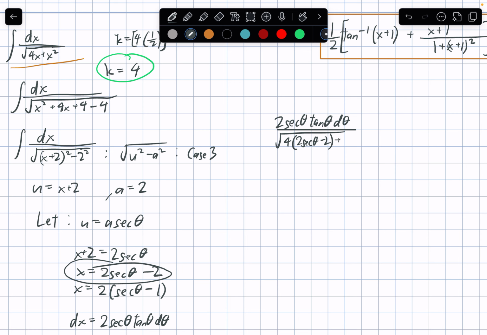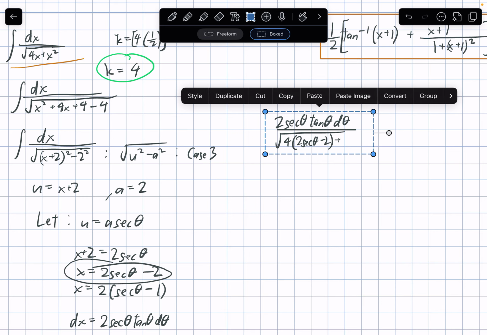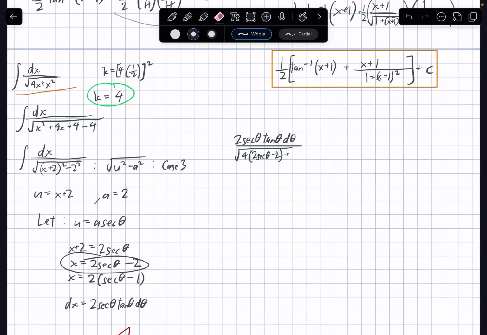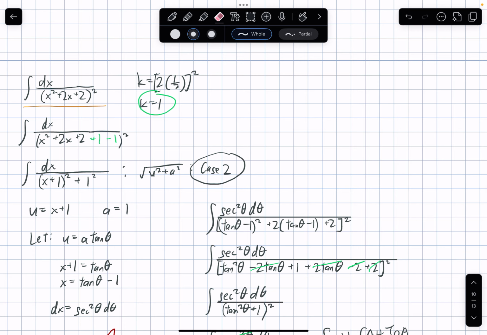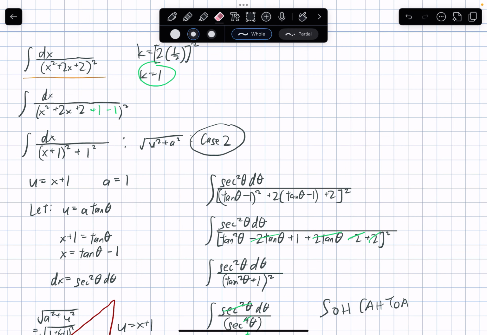Oh, wait. This is an important reminder. So, what did we do in the previous problem? That's also possible.